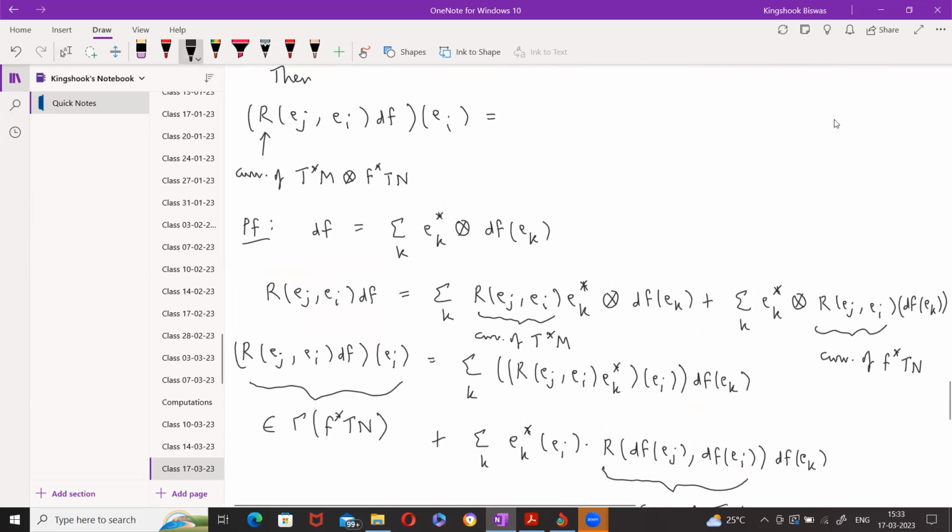So this is equal to the sum over k of the inner product of R^M(e_j, e_i) e_k, e_i, df e_k, plus R^N(df e_j, df e_i) df e_i.